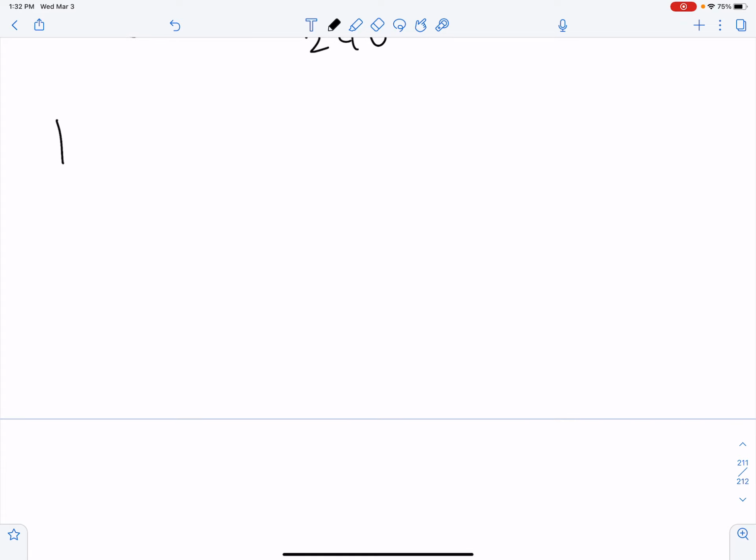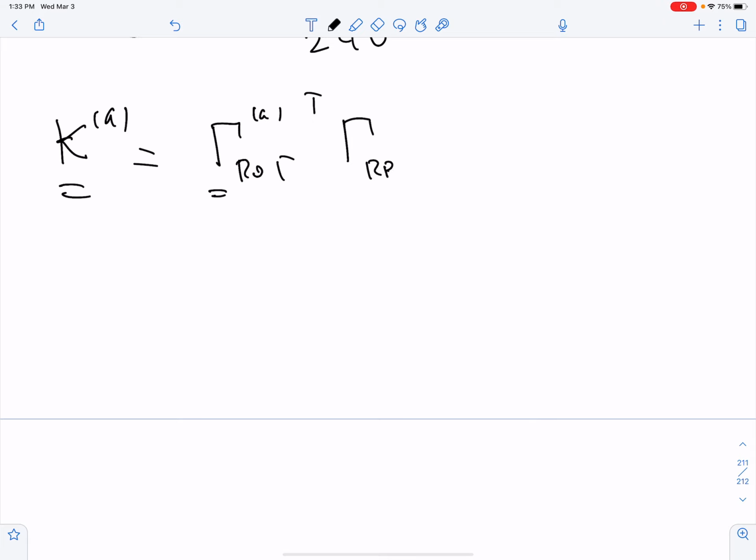For the element stiffness matrix, let me go directly to the global coordinate system. Recall, this is gamma ROT for element A transpose, gamma RBM transpose, times the basic stiffness for element A. This is exactly the 967 that we computed before.